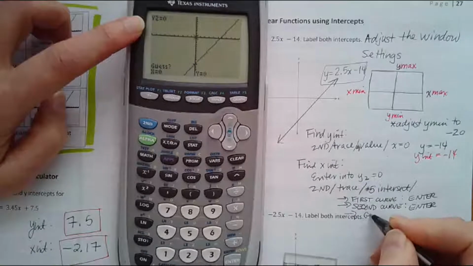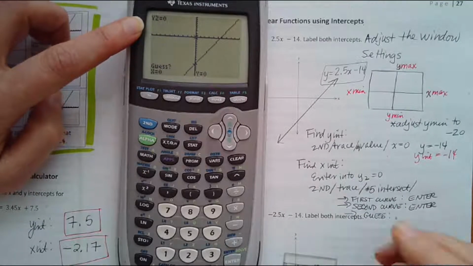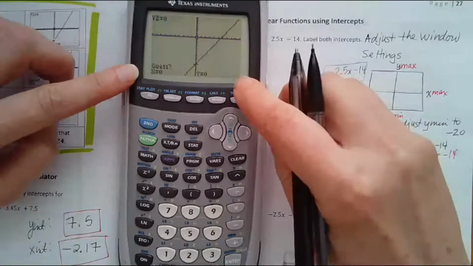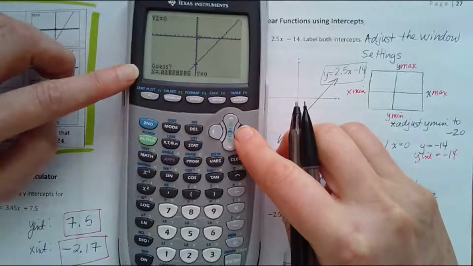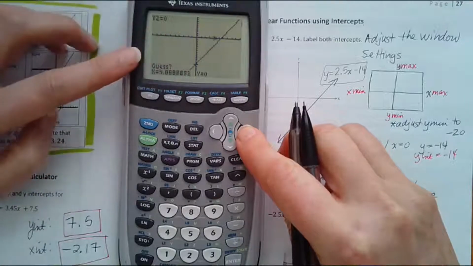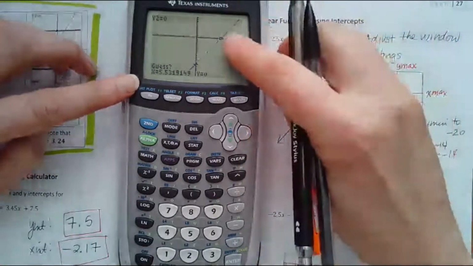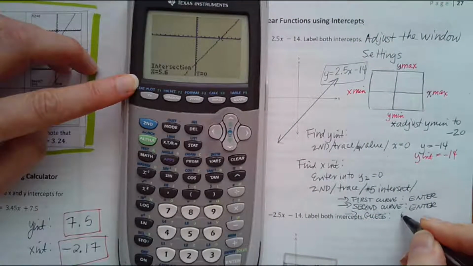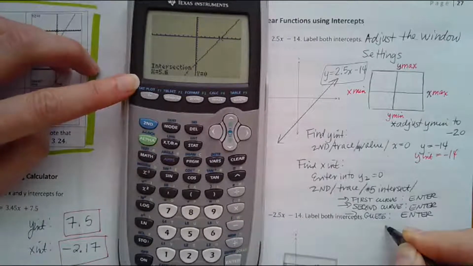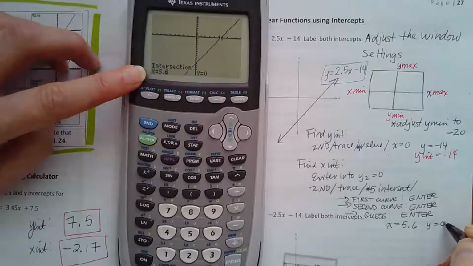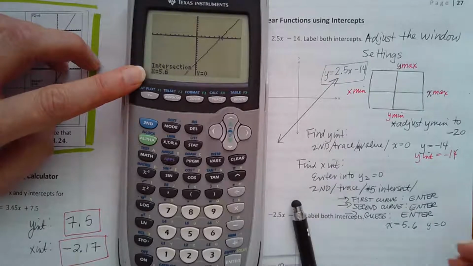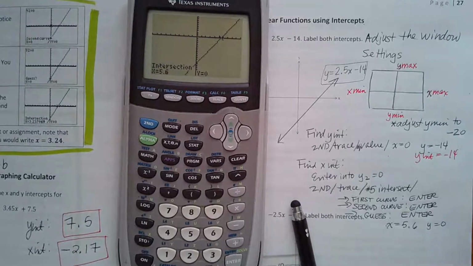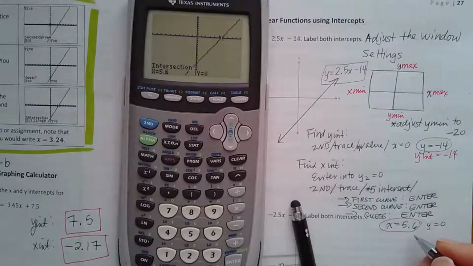And then the third question is guess. You press enter. Whoops, sorry, I forgot to move my cursor over to the intercept that I want. So guess, yes, and I do another enter. So my X equals 5.6, Y equals 0, right? When Y equals 0, X is 5.6. So this is my answer.